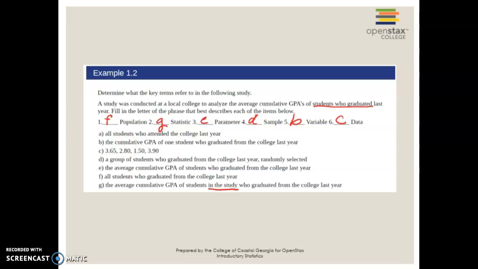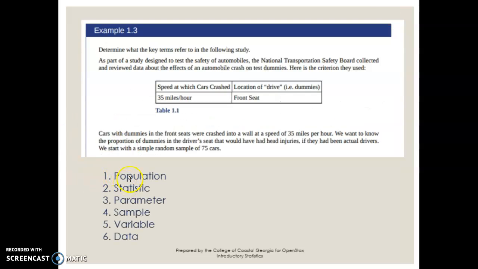Okay? So, right here, determine what the key terms refer to in the following study. As part of a study designed to test the safety of automobiles, the National Transportation Safety Board collected and reviewed data about the effects of an automobile crash on test dummies. Here is the criterion they used.